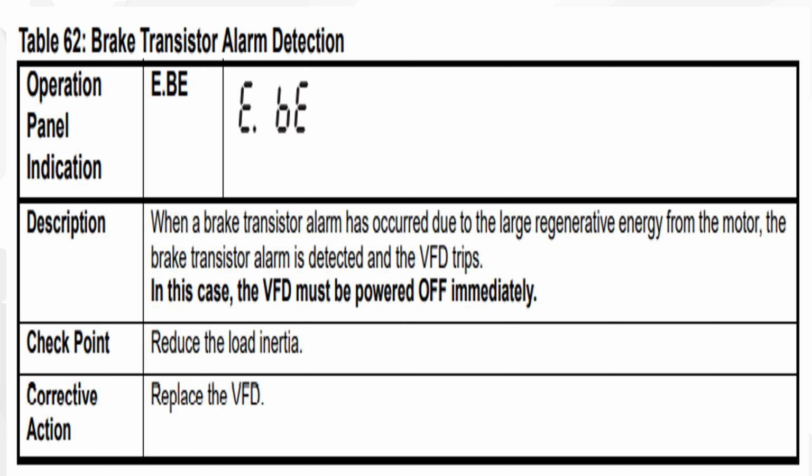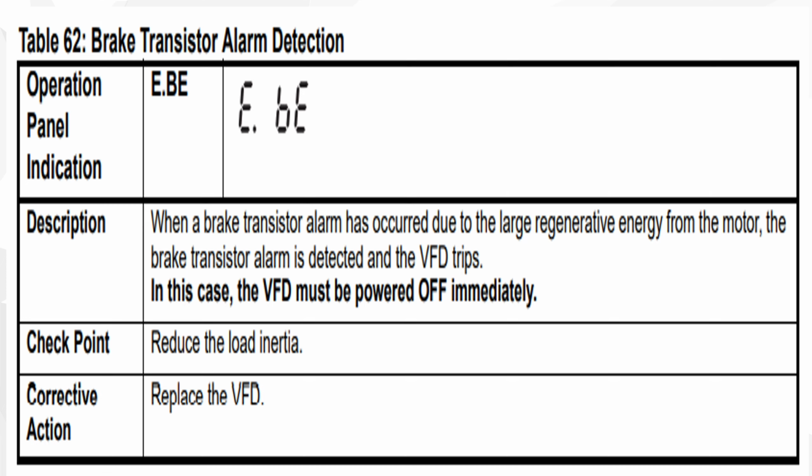For that we use a brake resistor in the VFD. When we stop the VFD quickly, there is some DC voltage, and we have to reduce that, so we use a brake resistor.